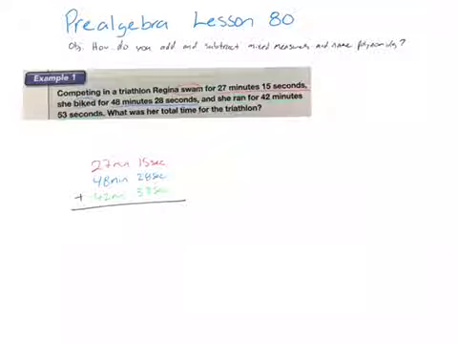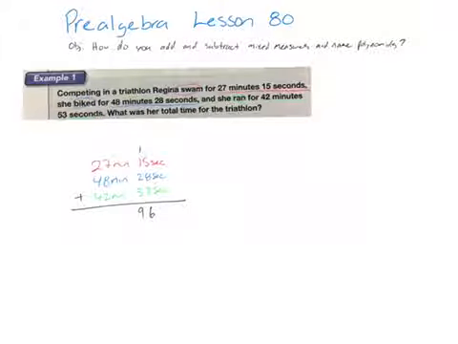As I add these up, 5 plus 8 is 13, plus 3 more is 16. So for the 6, carry the 1. So 5, 6, 7, 8, 9. However, remember, we wouldn't want to say 96 seconds, because 60 seconds brings us on up to the next one.